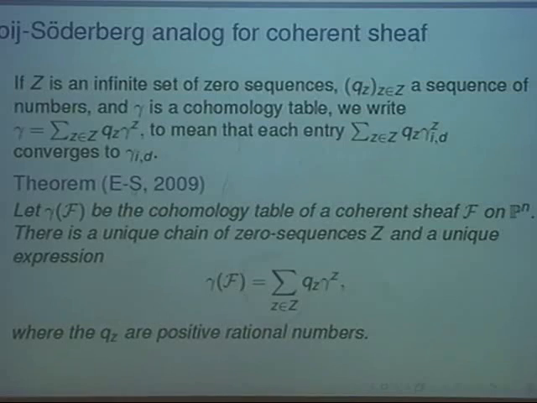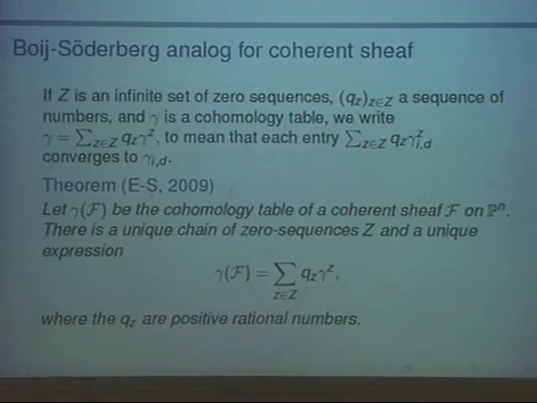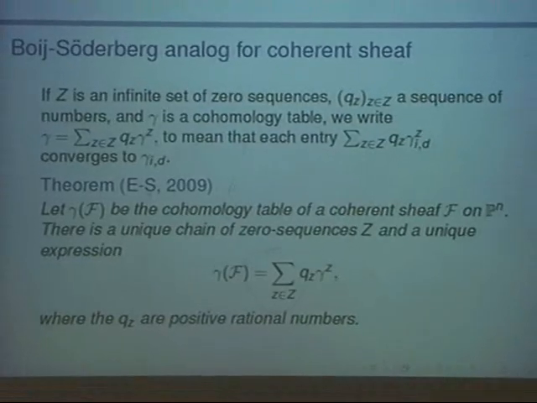So now if Z is an infinite set of root sequences and q_z is a sequence of numbers and gamma a cohomology table, we write that gamma is the sum of q_z gamma_z to mean that each entry of the sum corresponds to the corresponding entry of the cohomology table.